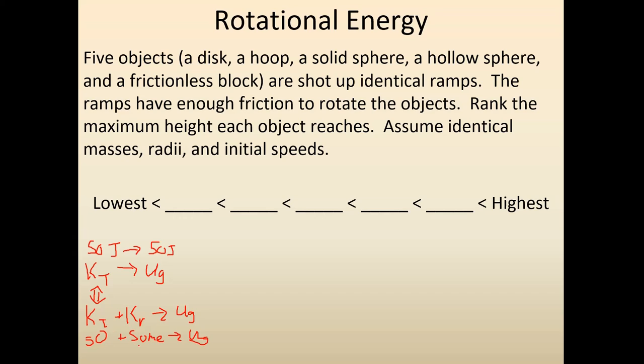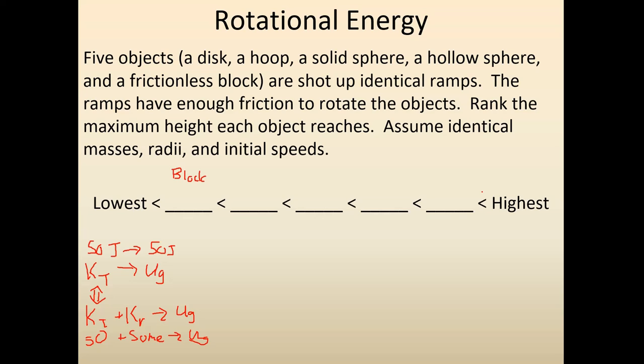Because the rotating objects have some extra energy put in, we know that the rotating objects should go higher and the block should be the lowest. So from here, we can rank them again: the block, then the solid sphere, the disk, the hollow sphere, and then the hoop being the highest.